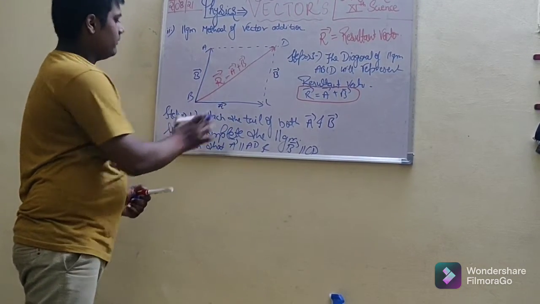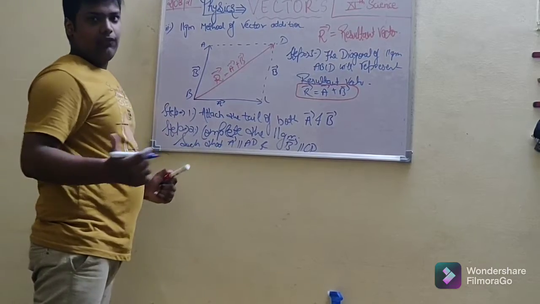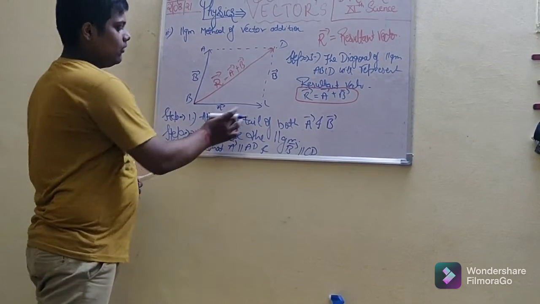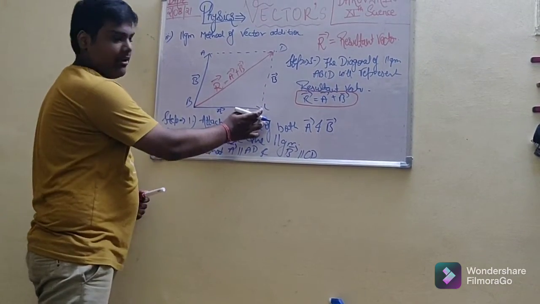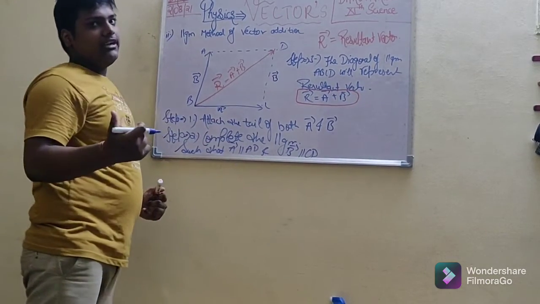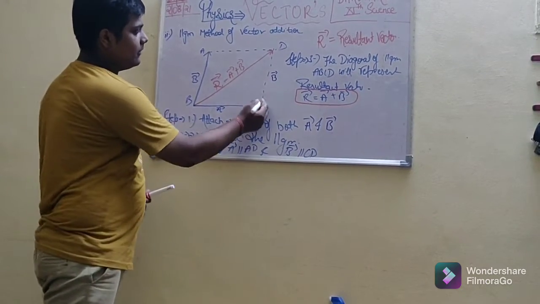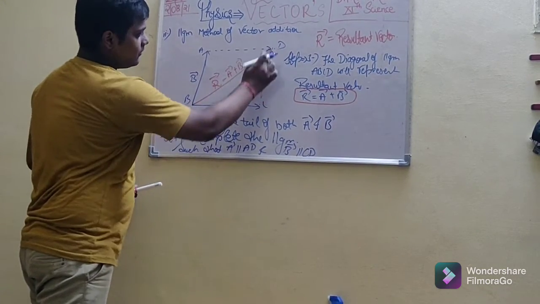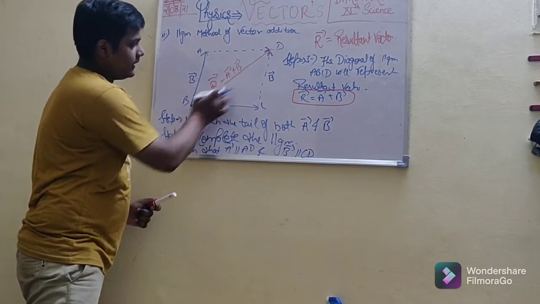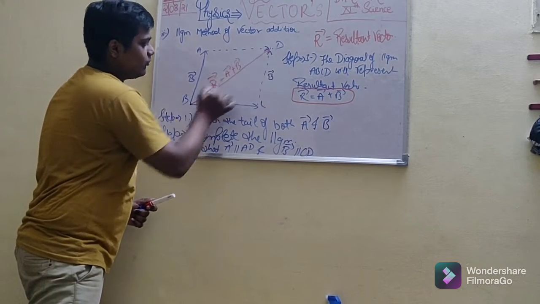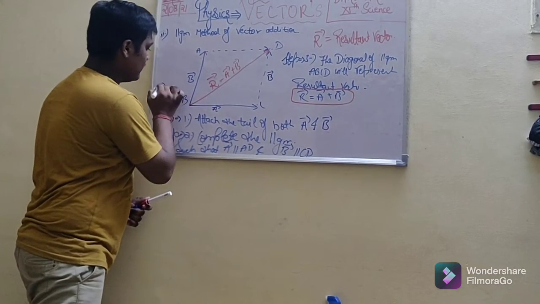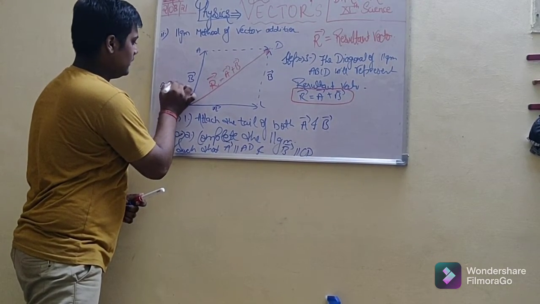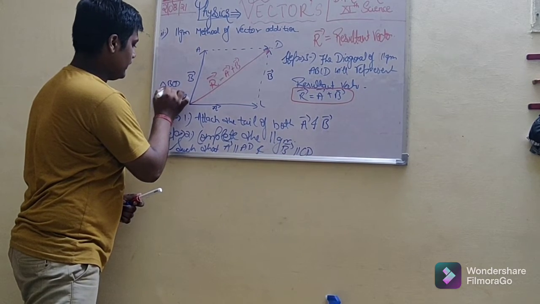A vector means BC. So what I have told you firstly, that when we attach the head of any vector with a tail, it represents the triangular method. So it is similar. See, in this it is also like this and it is also like this. So tail with head and this resultant vector. So this triangle BCD is hidden.